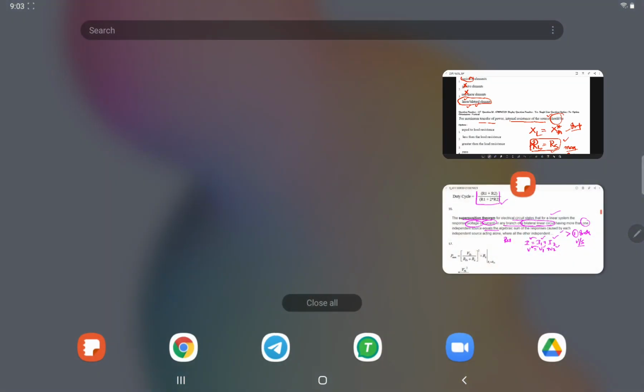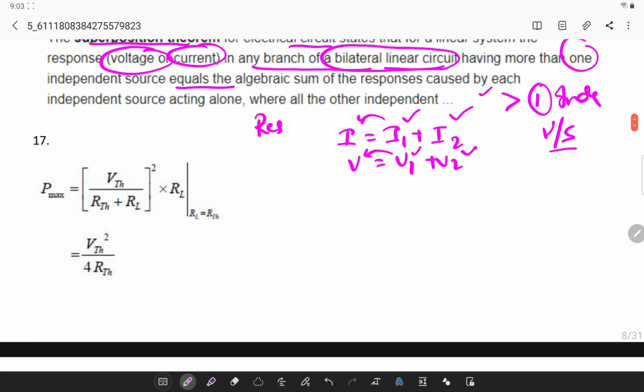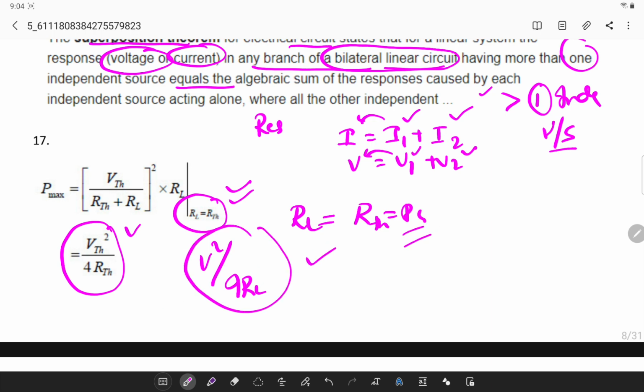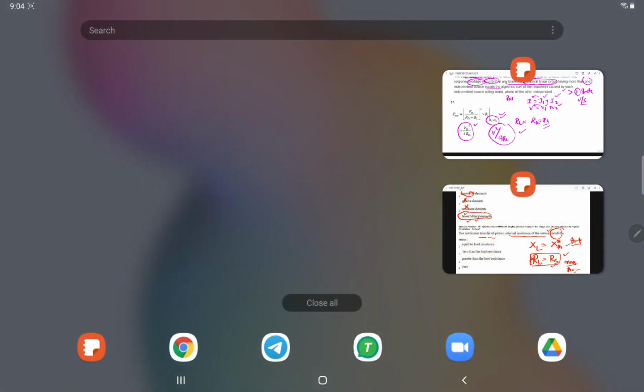Many times you will be asked to calculate the value of that particular power also, which is V square by 4 RL. However, this is the condition: when your load resistance is equal to your Thevenin's resistance or source resistance, maximum power will be transferred from source to load.